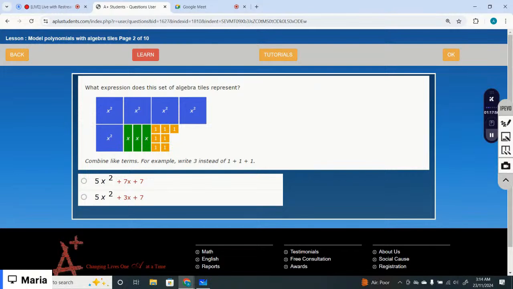That is 5x square plus 3x plus 7. Option number 2 is the correct option.